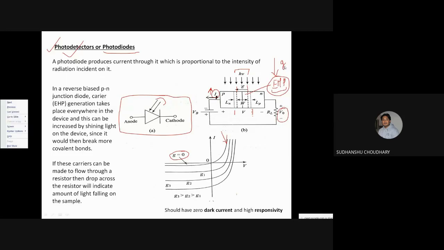So the generation of electron hole pairs is controlled by the amount of light being shone on this junction. If you shine more light on this junction, the generation rate will go up. That is, electron hole pair creation will go up.